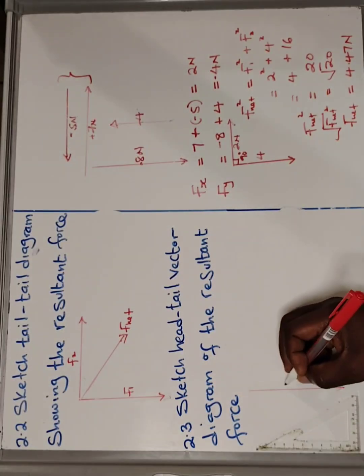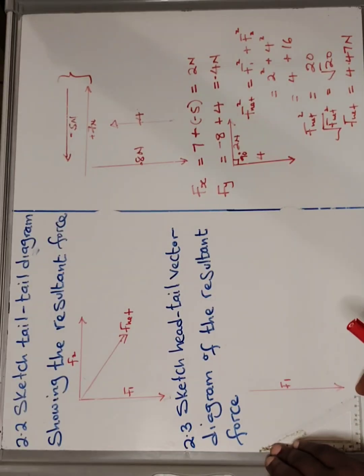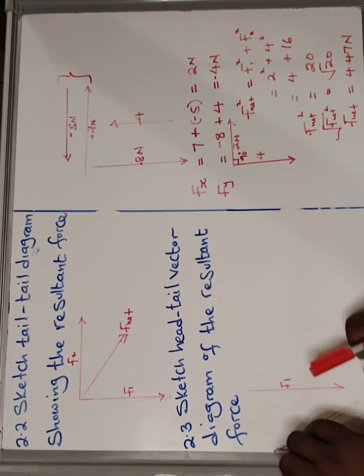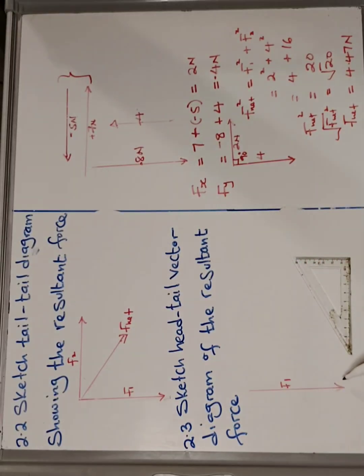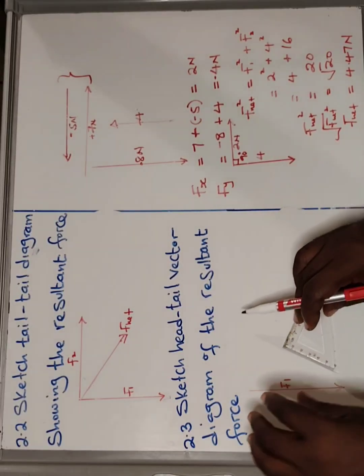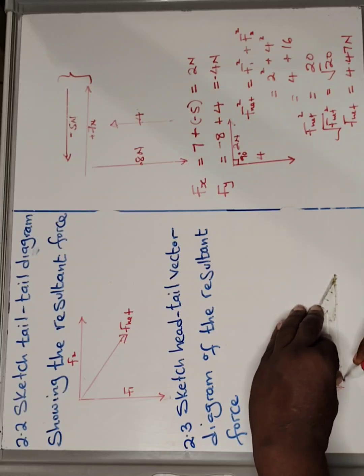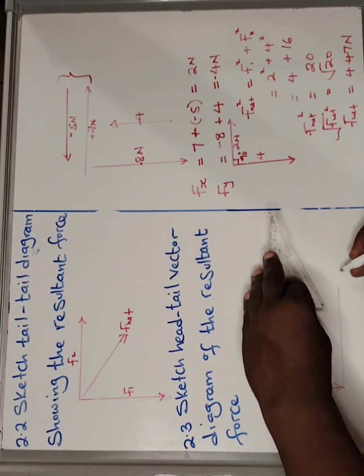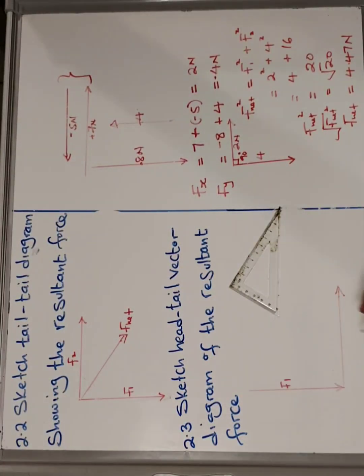So if I draw this one as my F1, and remember I'm drawing tail to head, it will come here because it must start from the head. So I'm going to have it here. And that's it. So if I have this is my F2, it means that my F net is going to be here.